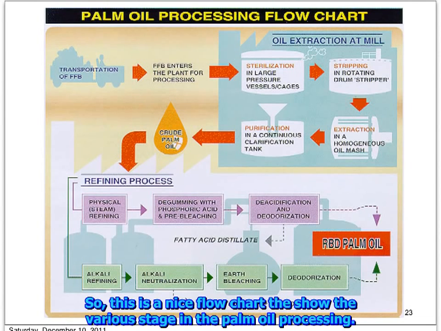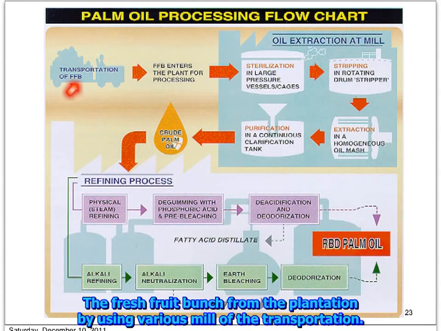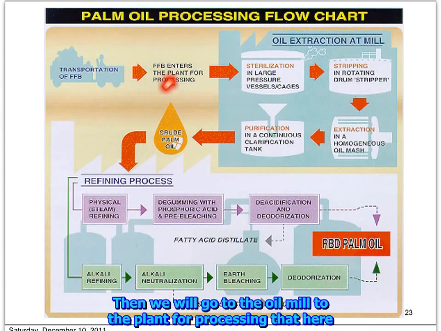So this is a nice flow chart to show the various stages in the palm oil processing. So we start from transporting the FFB, the fresh fruit bunch, from the plantation by using various means of transportation. Then it will go through the oil mill to the plant for processing.